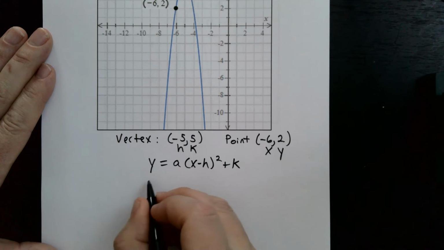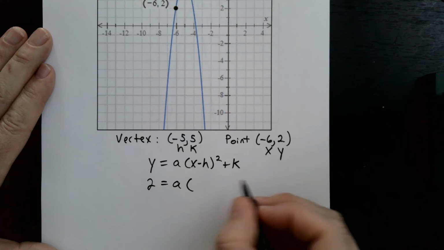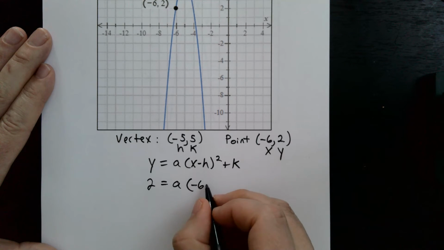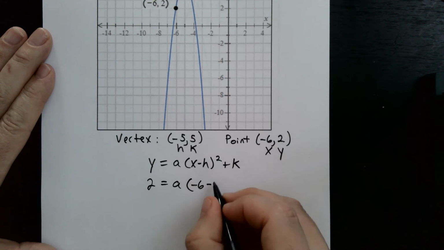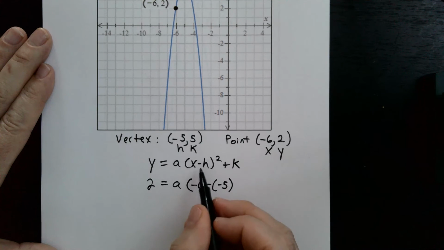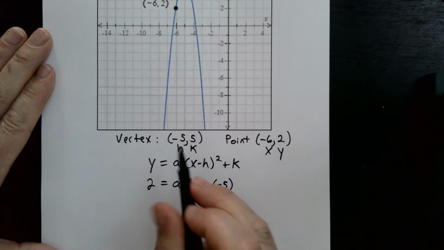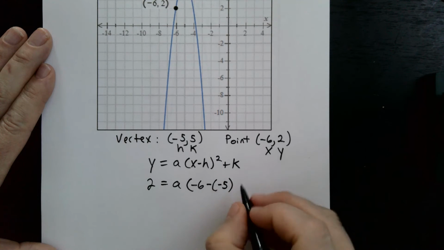So 2 equals a times -6 minus a -5, squared, plus 5. The minus was from here and from here, so 2 minuses: minus a negative.